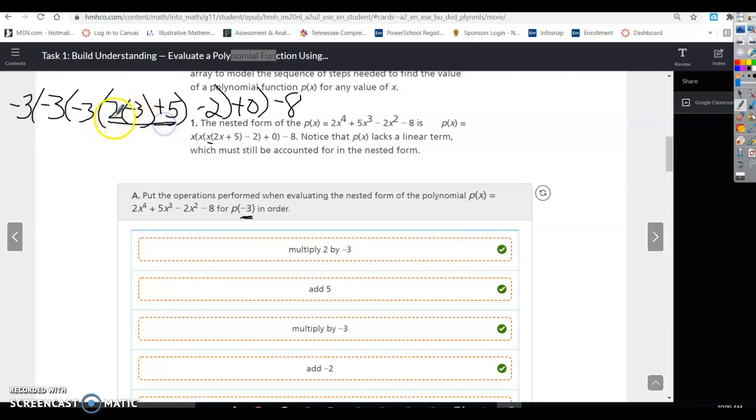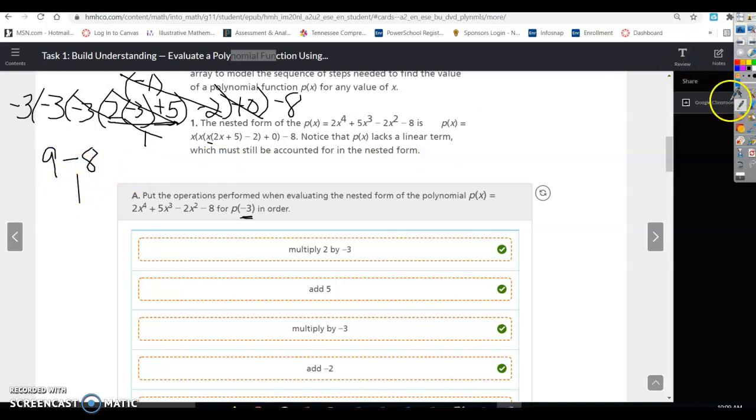So this would be -6 plus 5, or -1. Then -3 times -1 is 3. 3 minus 2 is 1. So all of this is now 1. -3 times 1 is -3 plus 0, so that's just -3. And then -3 times -3 is 9 minus 8, which is 1.